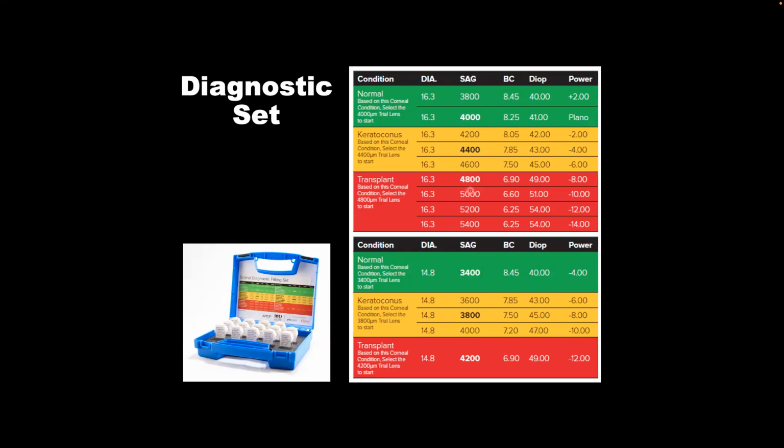So you have a way to choose which lens to start, as well with the 14.8. Basically, there's just one for the normal eye shape. Keratoconus, you have three lenses, but it's suggested to start with the 3,800, and for the transplant, you have one with the 42.